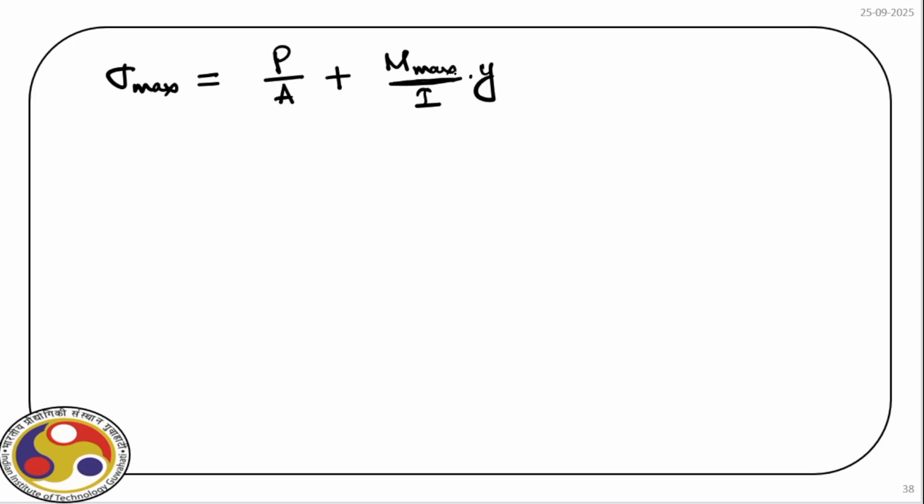We know this expression for bending stress from our previous studies, right? Okay. Now we know section modulus, if you recall, is I by Y, right? So we can further simplify this expression. So we have M by Z.